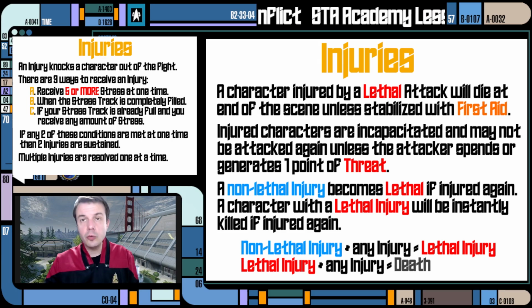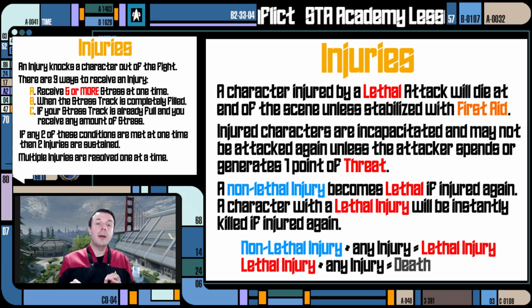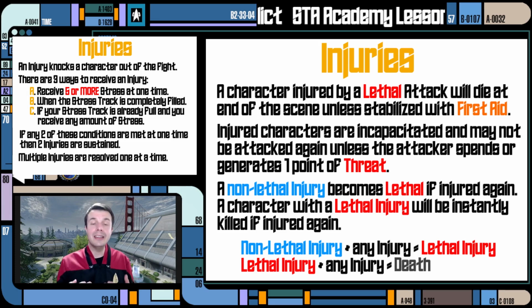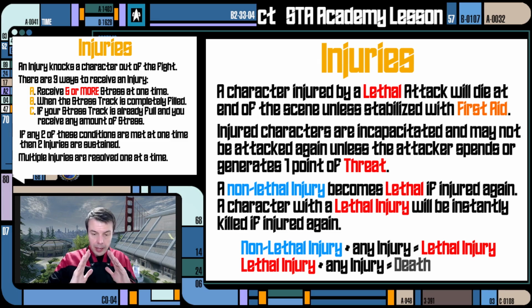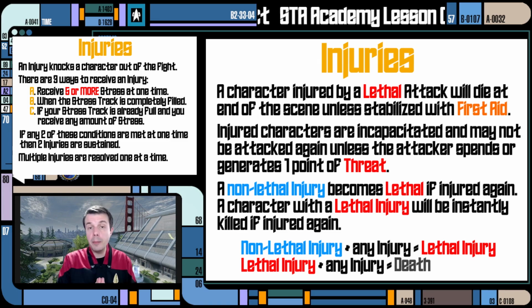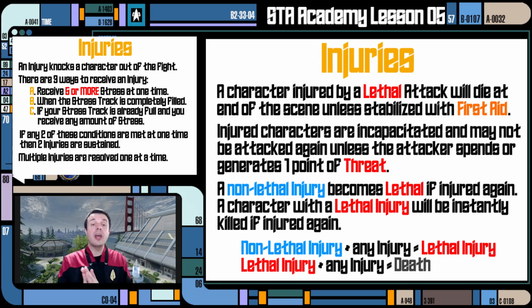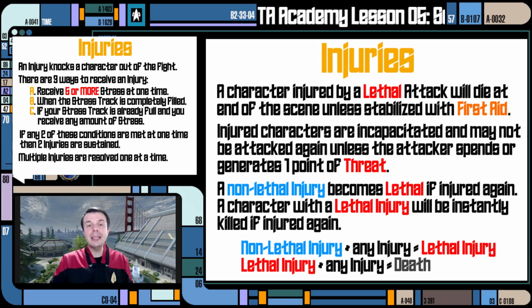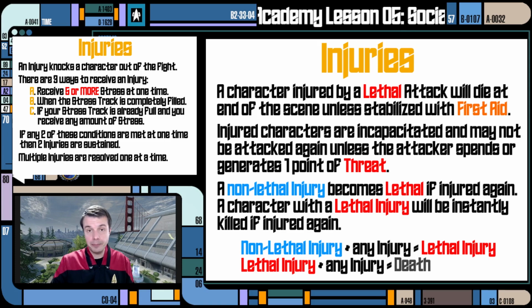The next part is one of the most important parts about injuries, especially lethal injuries, and how your character can die. This is the important point, which I've heard a lot of people get incorrectly and make many mistakes about, so please pay attention to this part. A non-lethal injury will become a lethal injury if they are injured a second time.